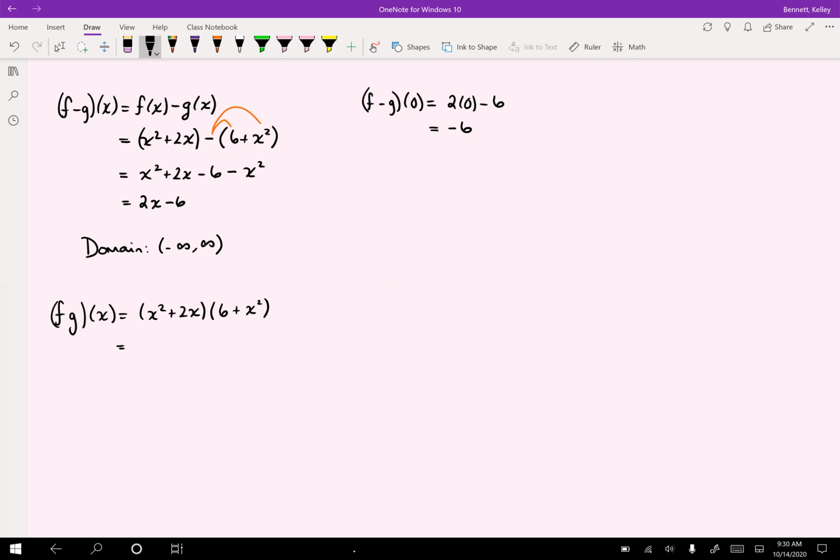So you should get, I'm just going to go first, which is 6x squared, outside, which is x to the 4th, inside giving me 12x, and last, which gives me 2x cubed.